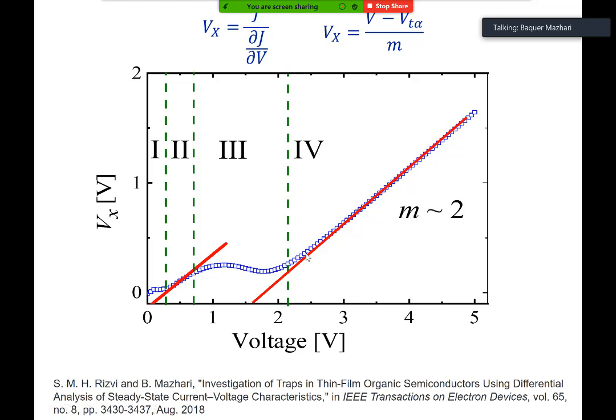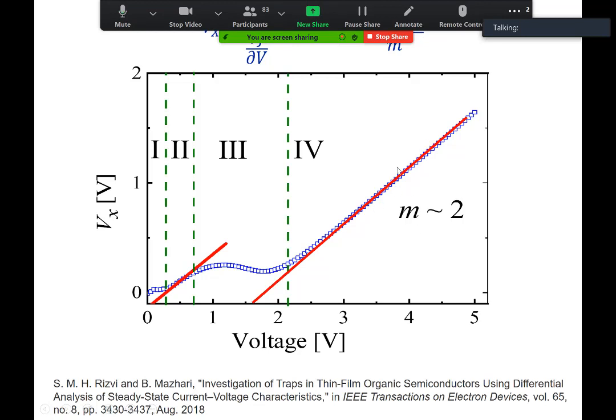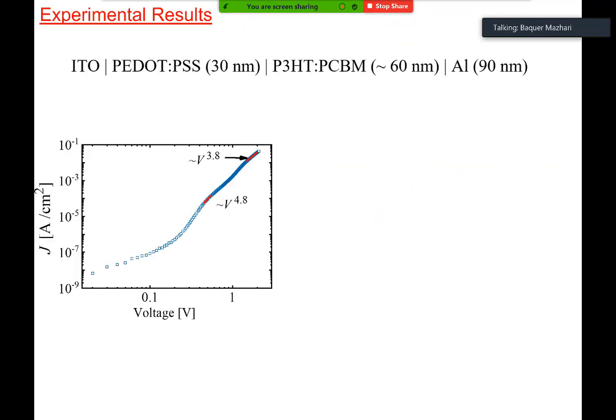So which areas of the device are free of traps and in which areas the traps are filling up. For example, here, the traps are rapidly filling up. It's almost like a constant region. And this is a region where we get a slope close to 2, almost like the traps are all filled here. So again, in the interest of time, I will skip some of these.